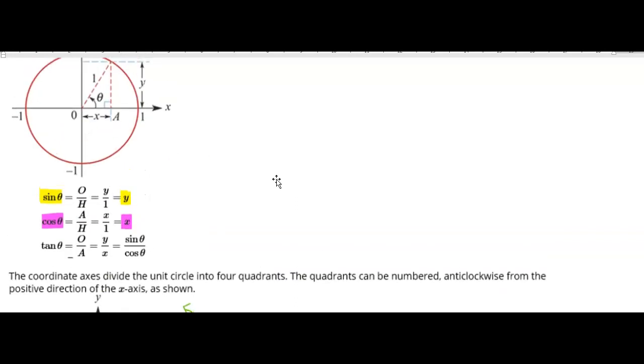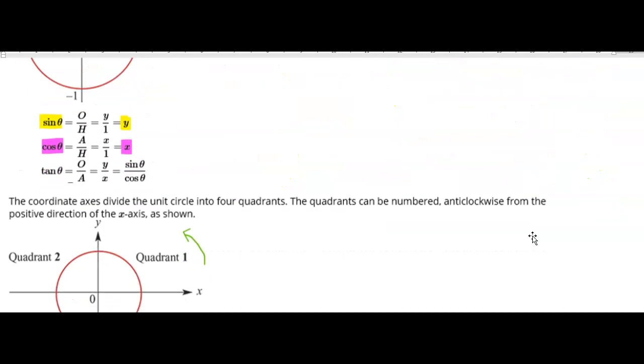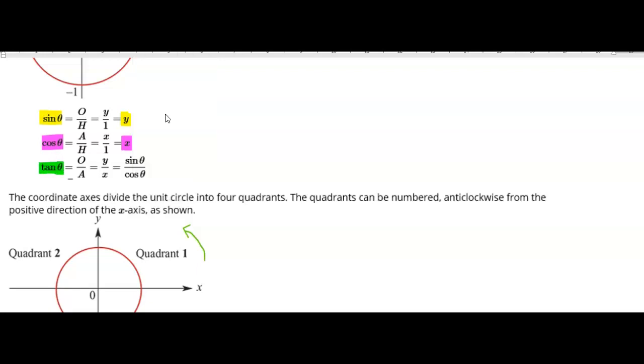So remember I showed you just briefly here with identifying your hypotenuse, opposite, and adjacent. Now tan theta is equal to sine theta over cos theta because tan is opposite over adjacent. And if your opposite side is y and adjacent is x, then you just get sine theta over cos theta.